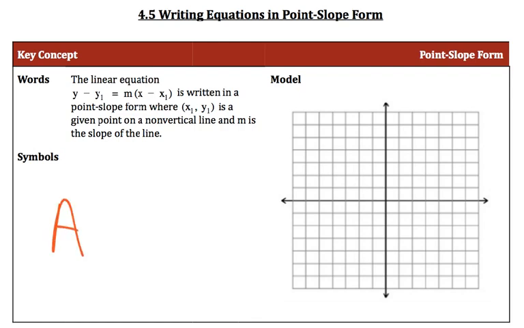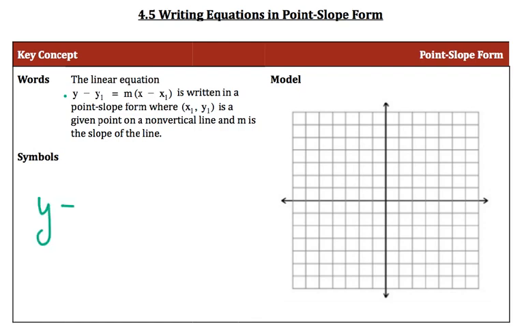If I remind you of what standard form looked like, we got one way we can set this up. Slope-intercept gives us a second way we can set this up. And now we're going to have something called point-slope form. As we make the symbols more clear, we're going to rewrite this equation, y.